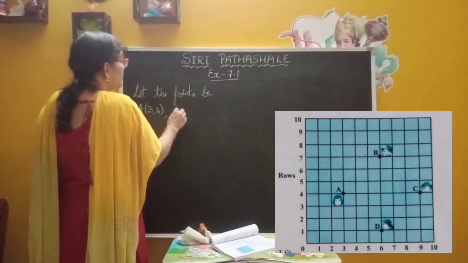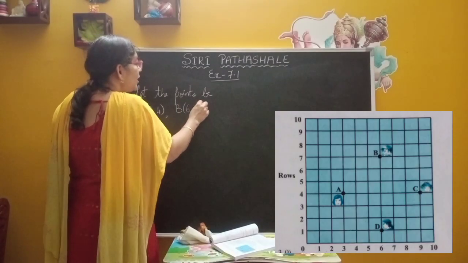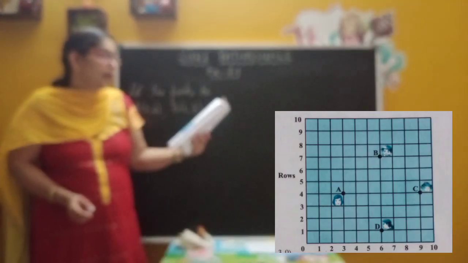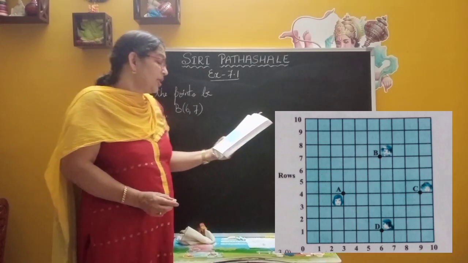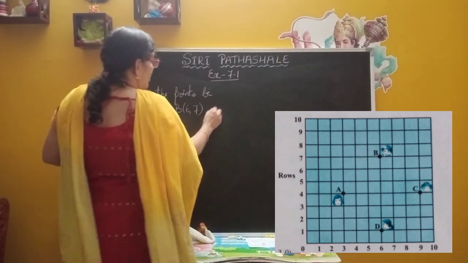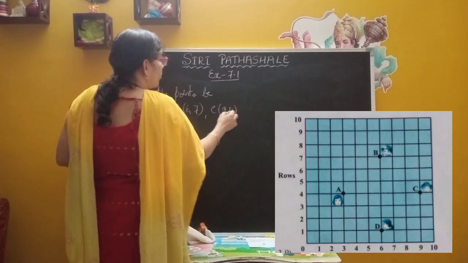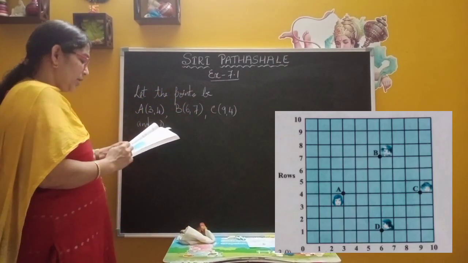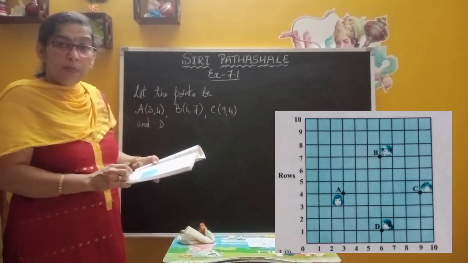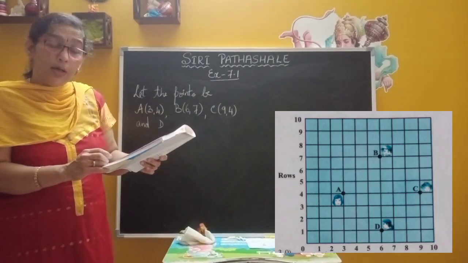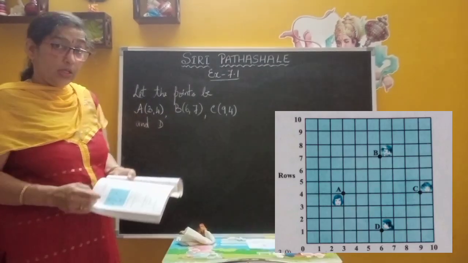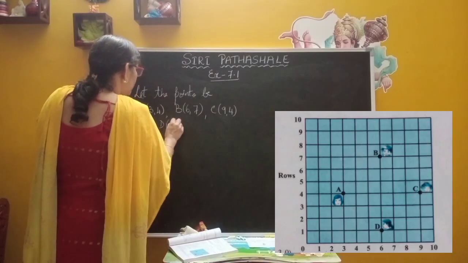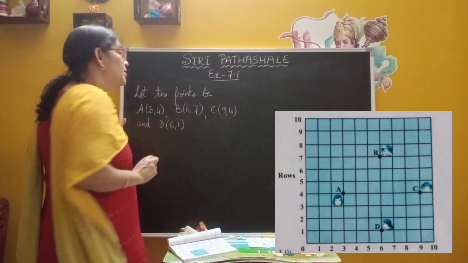Point C in the x-axis is 9 and y-axis 4, so the coordinates are (9, 4). And the last point D is here 6 in the x-axis and 1 in the y-axis. So the coordinates of point D are (6, 1). These are the points.